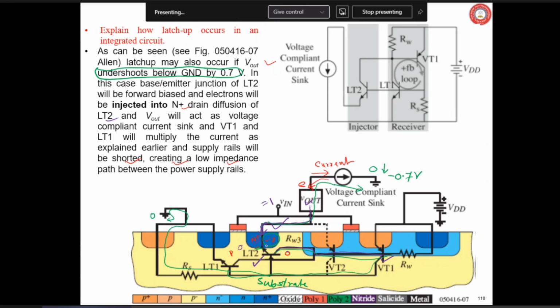So undershoot as well as overshoot can cause latch up. We have seen both the cases, and I hope you understood. What do you say, Himanshu Shogra? Yes, sir, understood. Is this mechanism understood or not? Yes, sir. Okay, then we'll go ahead further.